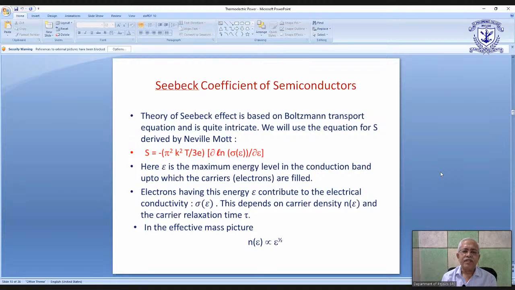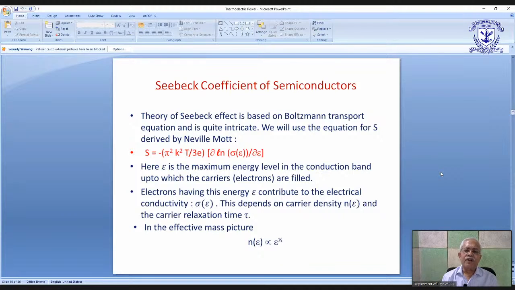But at a given temperature, most of the electrons will occupy energy levels up to a certain maximum energy in the conduction band. It turns out that this value of epsilon in semiconductors is quite small, while in metals it is quite high. I will illustrate this with a graph in the next slide or the one after.